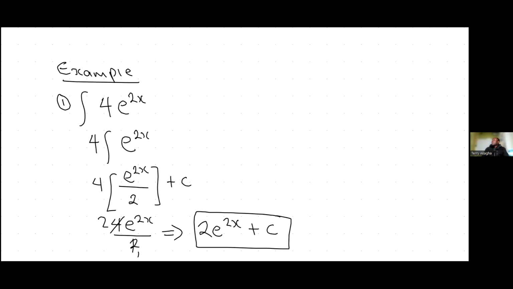Let me pick one more. Maybe trigonometry. So let's assume we're told to integrate cos 3x. Okay. So I also told you earlier that when you're doing cosine, we have sine, cosine, minus sine, minus cosine. So when you integrate cosine, it's going to give you what? Sine. If you've not reviewed my video on how to integrate trigonometry functions, you can go back to the videos and have a look at it.